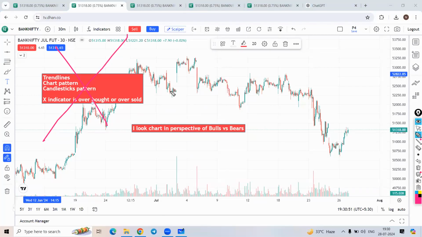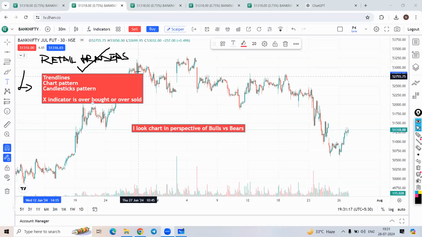When I'm looking at a chart, that is my perspective, but the problem here I will tell you: most retail traders' perspective of reading the chart is this way. This is retail trade. How many traders over here analyze the chart in any of this perspective? Yes, no. Because you need honest answers.